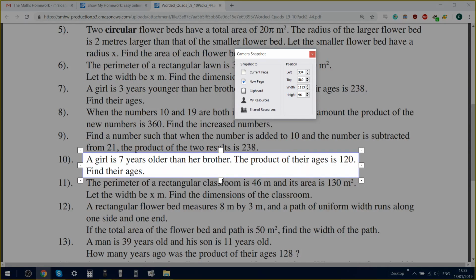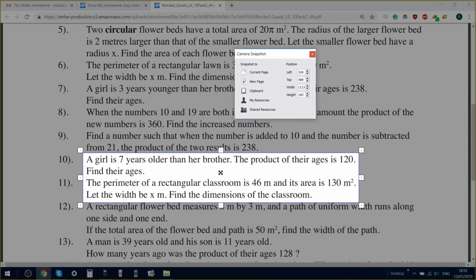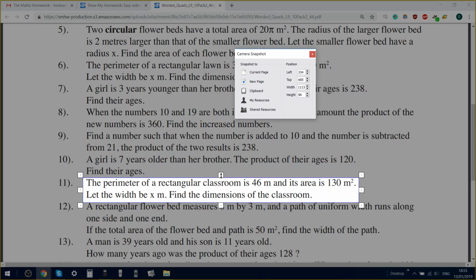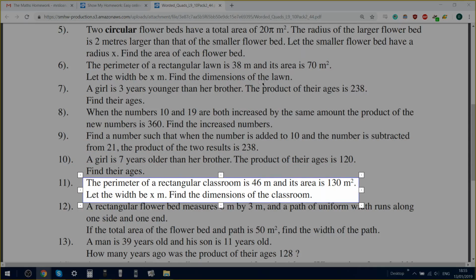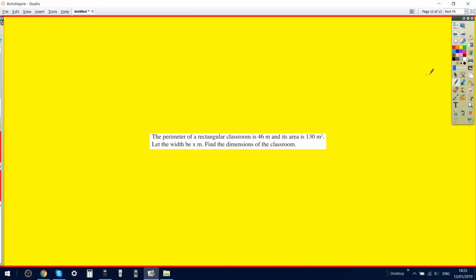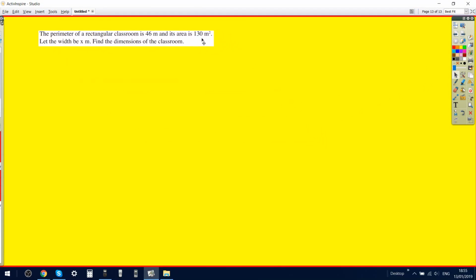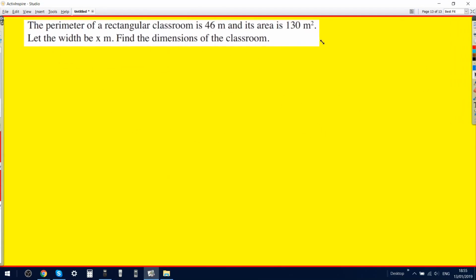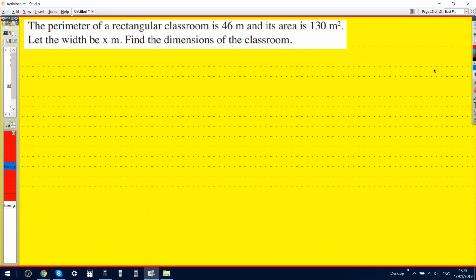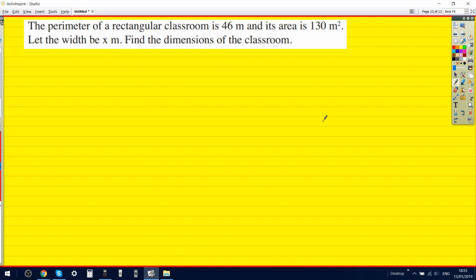Okay, question 11. This looks like it's similar to the other one. How would we do this? If we draw a diagram, is that alright?